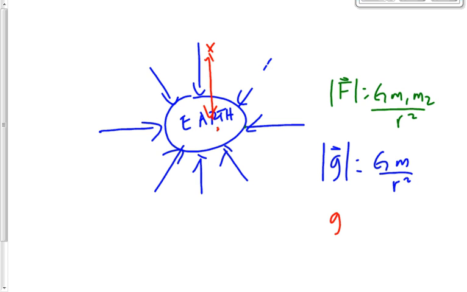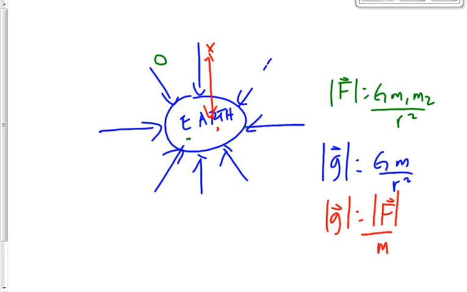Now, there is another equation that we learned as well. g is equal to F over m. This is the gravitational field experienced by something. So this would be, let's say we've got that apple out here. Again, that apple experiences a force, G m1 m2 over r squared. It also experiences a field that's caused by this producer.